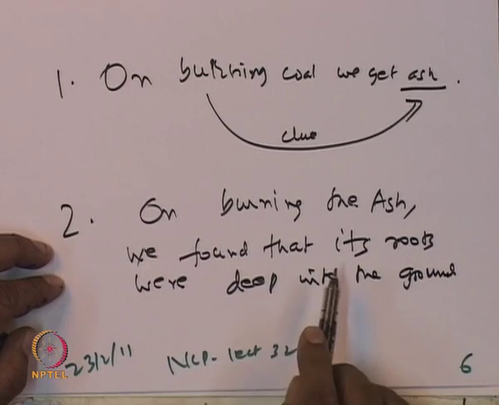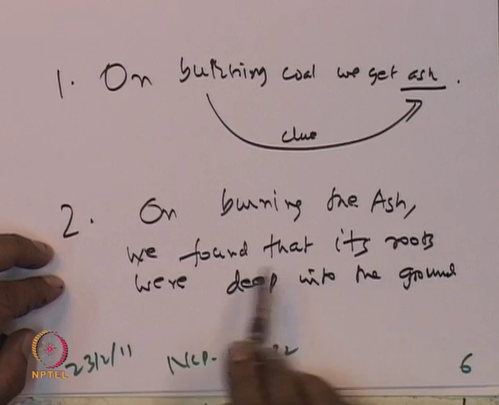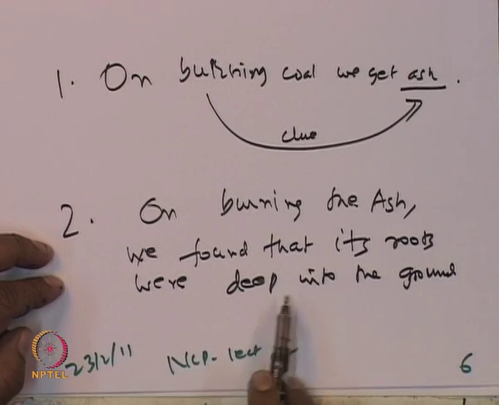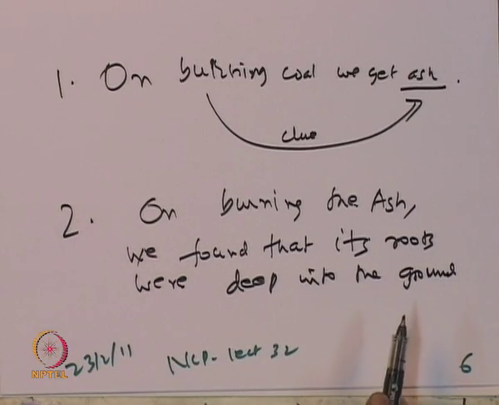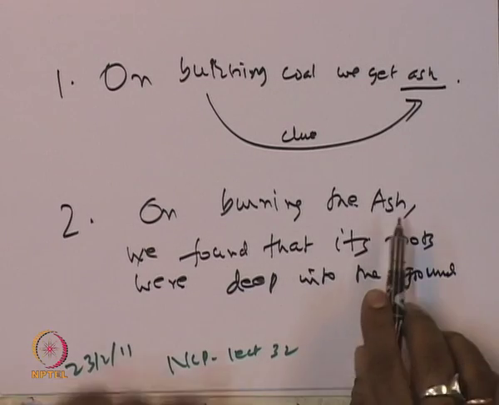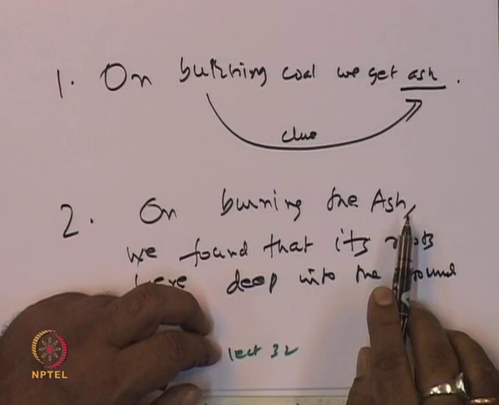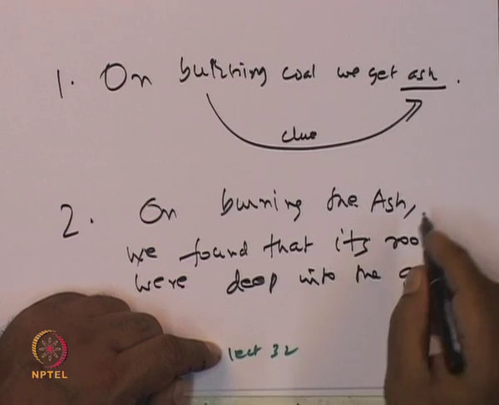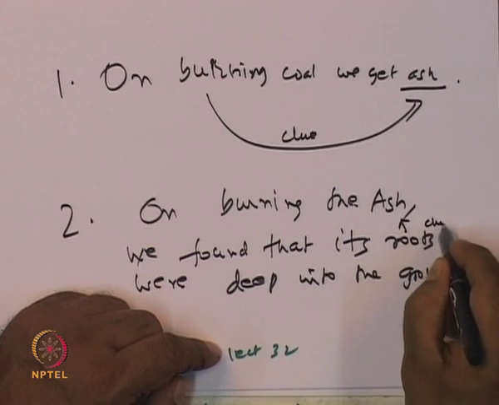Okay. This is a sentence. On burning the ash, we found that its roots were deep into the ground. Okay. So, here we clearly mean ash as a tree, because the clue here is roots.